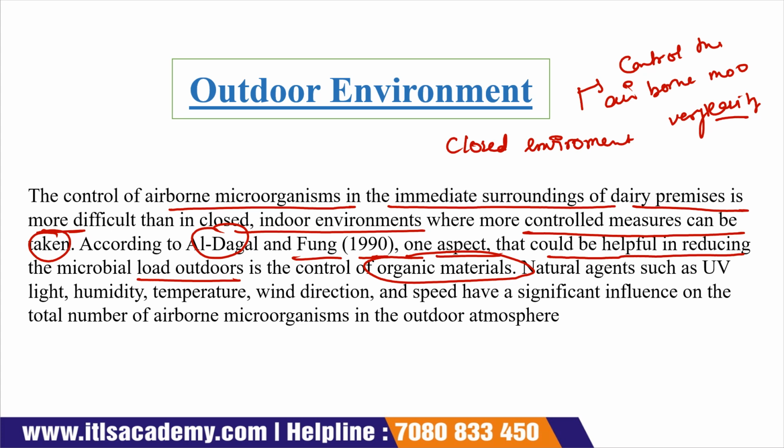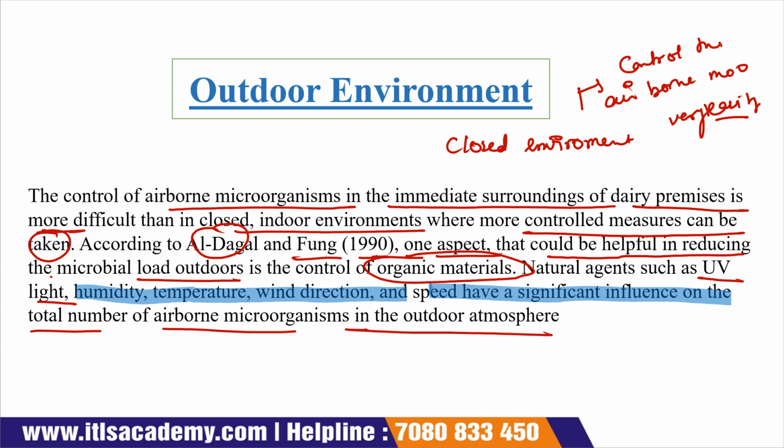Different natural agents are involved: the UV light, humidity, temperature, wind direction, and also speed have significant influence on the total number of airborne microorganisms in the outdoor atmosphere.